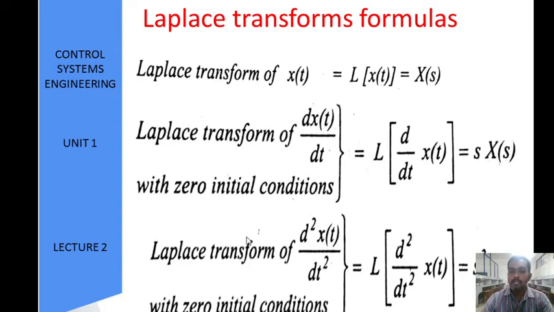In the same sense, here this is velocity and this is acceleration. The Laplace transform of acceleration, L of d square by dt square of x of t, is equal to s square into x of s. We need to remember all these formulas for performing problems.